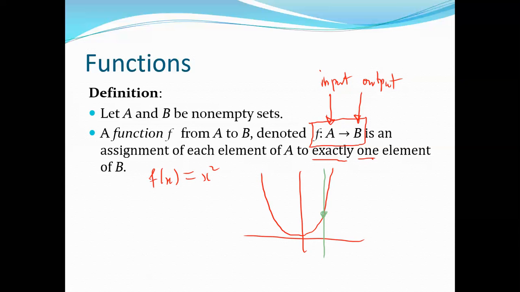Because what you're doing is saying, what about this input right here? What about this x value? How many outputs are there? Well, the outputs are the y values on the graph. And you're just making sure, how many outputs are there for that input? One, right? So the vertical line test is making sure that you have exactly one output for each input.